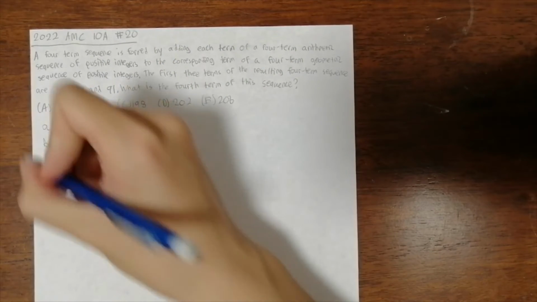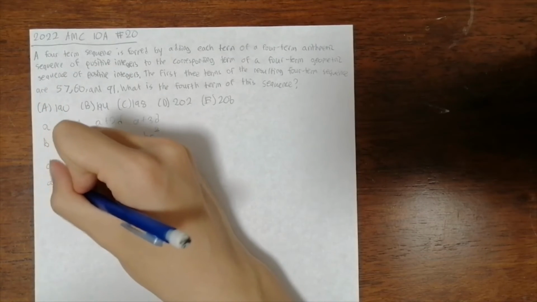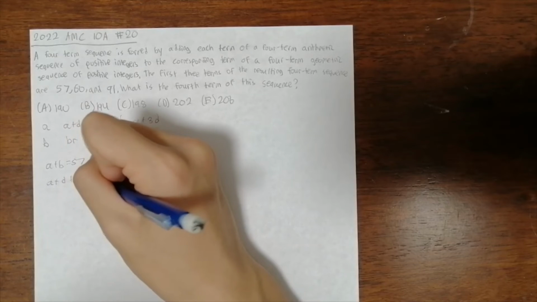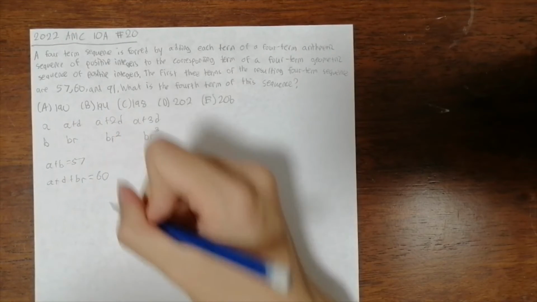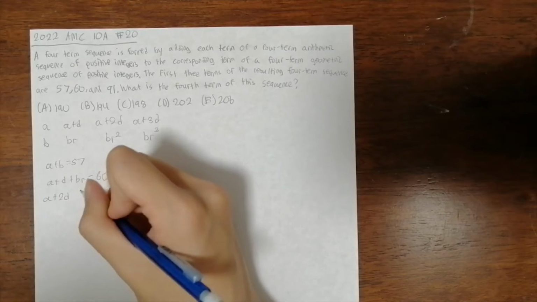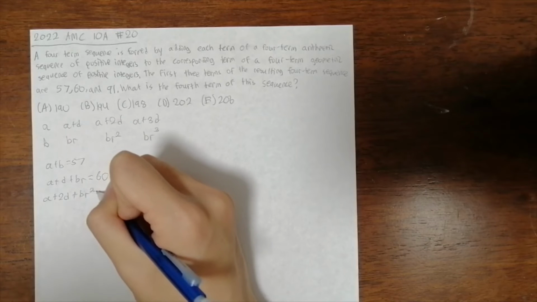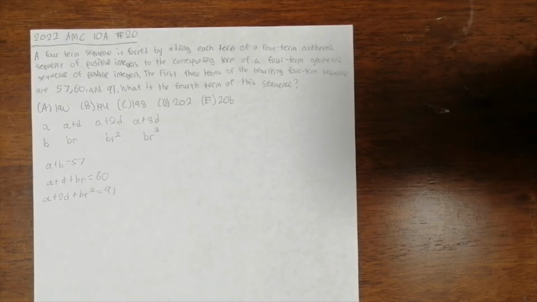And then we're given that a plus b equals 57, a plus d plus br equals 60, and a plus 2d plus br squared equals 91.